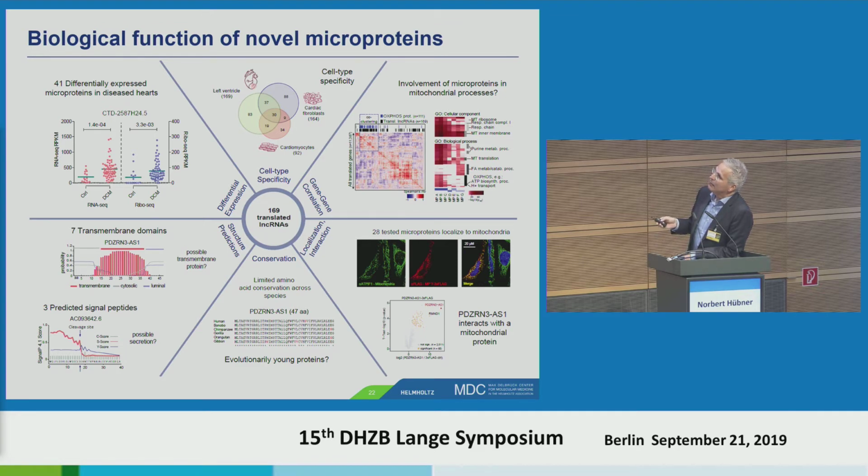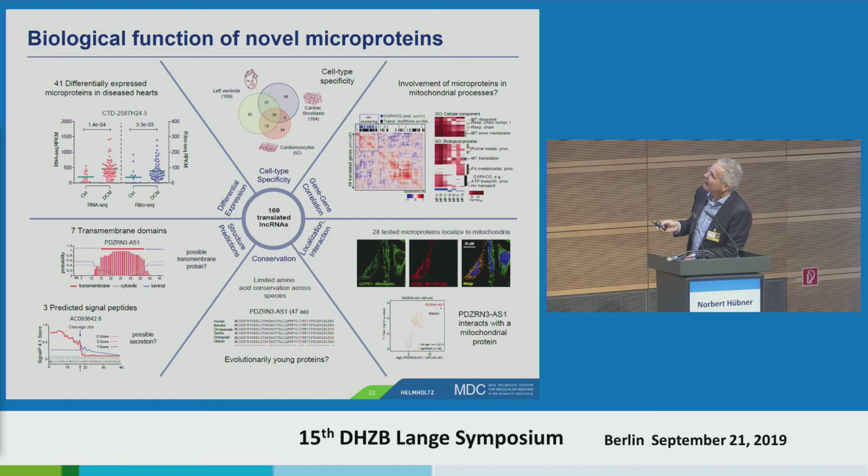By novel technologies, for example single-cell technologies, we will be able to pinpoint some of those microproteins to distinct cell types. So we have an atlas of those translational events, whether they are specific to a certain cell type or whether they are ubiquitously expressed in the heart.